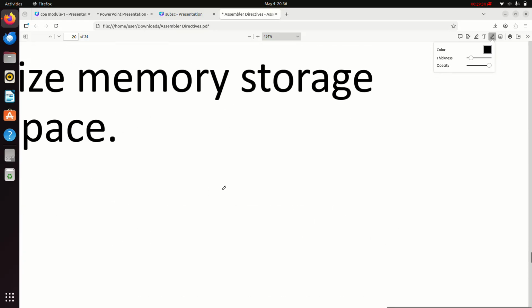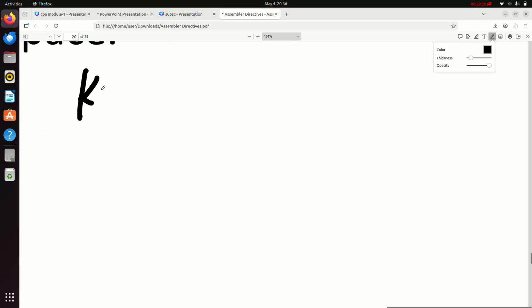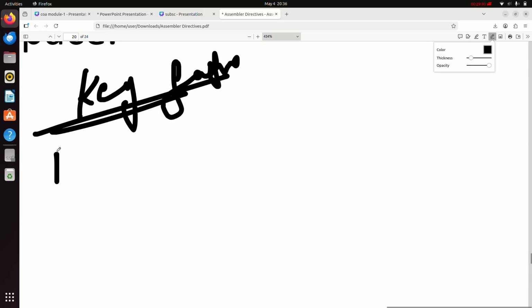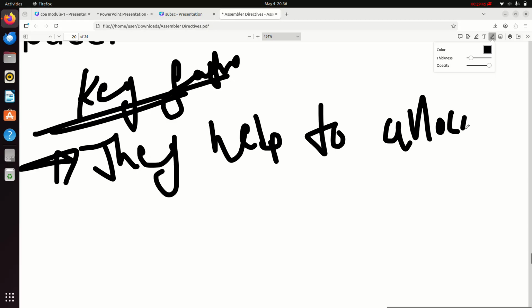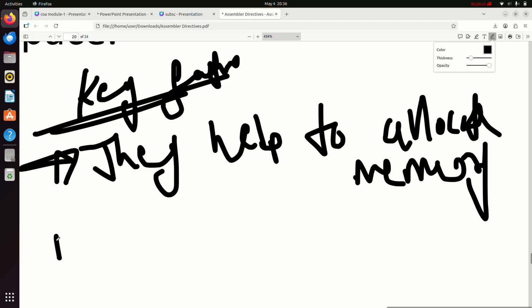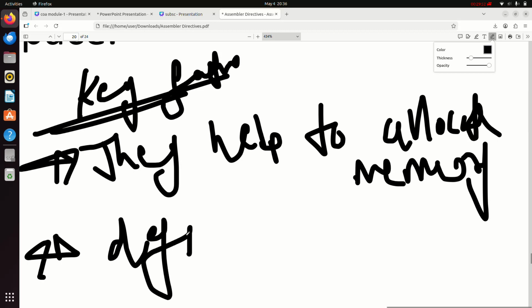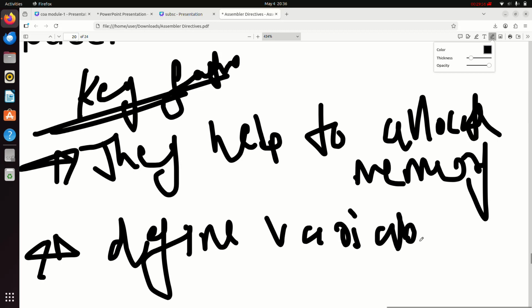Some key features you can mention: first, they help to allocate memory. Second, they help to define variables.